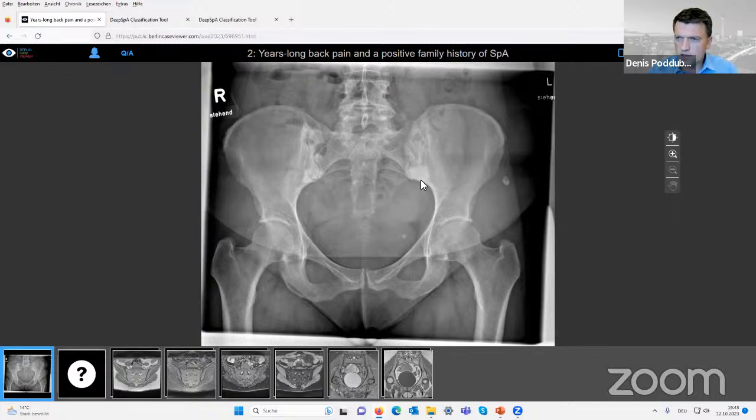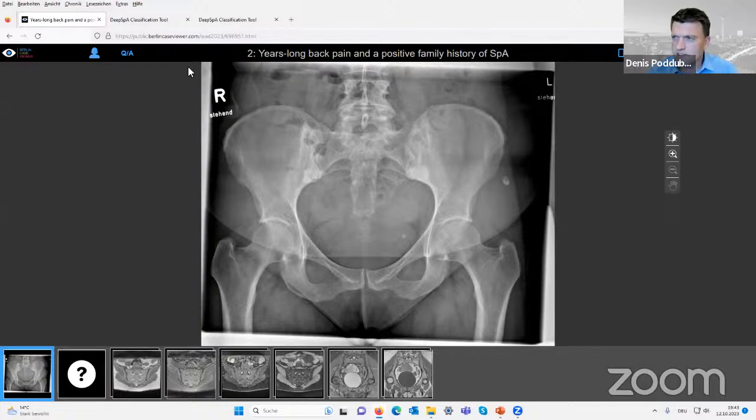So formally, you can talk here about partial ankylosis, but to be honest, this structural lesion and this structural lesion look strange. They do not look very well compatible with axial spondyloarthritis.